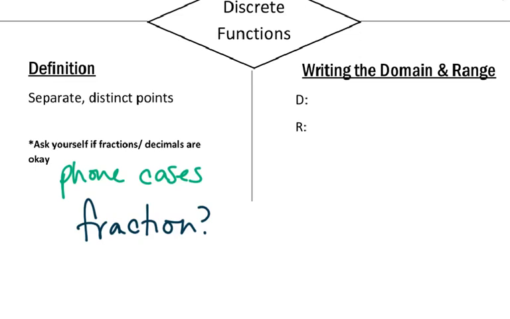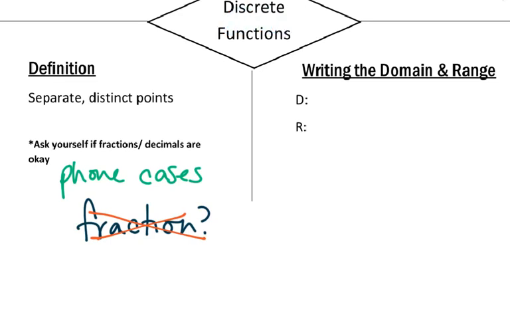If you went to the store and said, hi, I would like 2.5 cell phone cases, they're going to look at you like you're crazy because that is not a thing. We cannot have fractions in this scenario, so therefore it is called discrete. It means it's just specific dots, specific ordered pairs. We can't have a fraction of a cell phone case, so that's why it's called a discrete function.